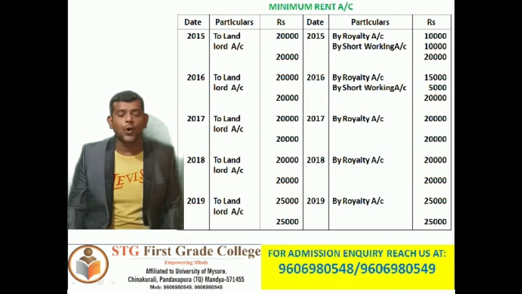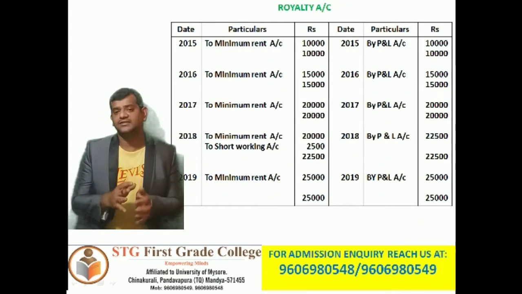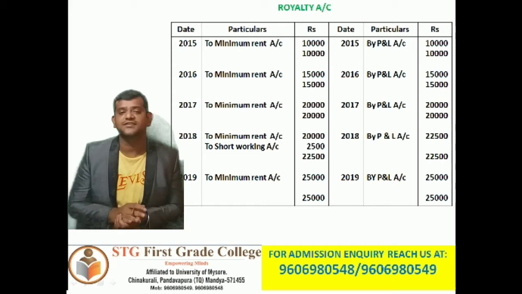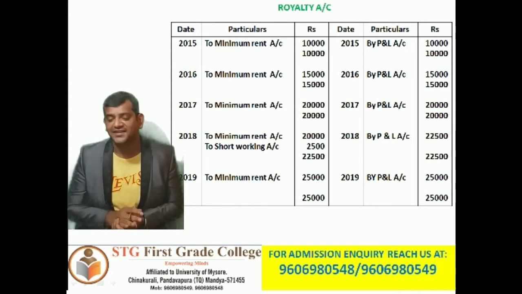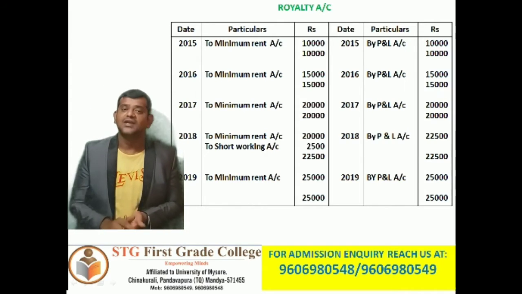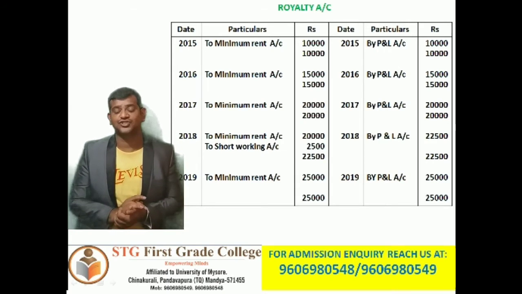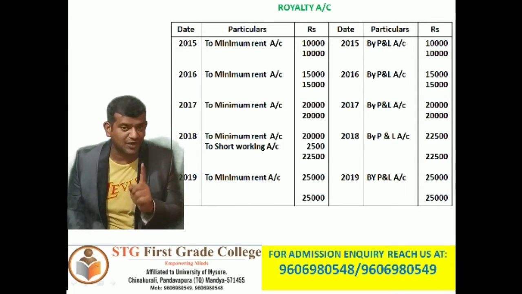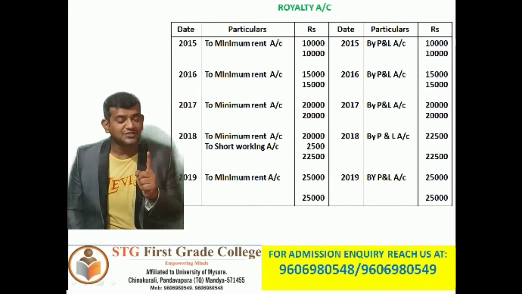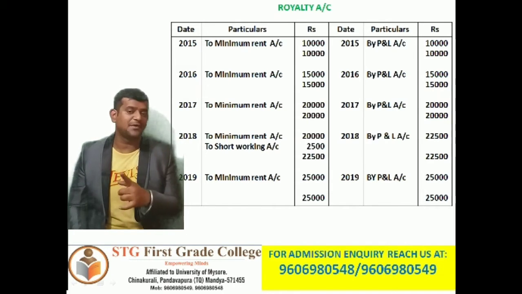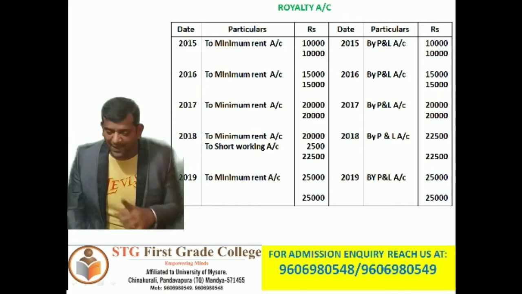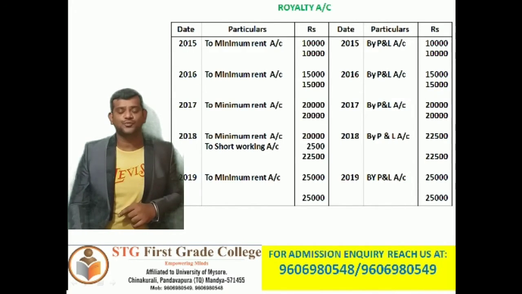So next, to open the royalty account. The royalty account again with the 6 column, that is date, particulars, rupees, date, particulars, rupees. So in the year 2015, to minimum rent account, 10,000 rupees only we could generate. So to minimum rent account 10,000, by P&L account 10,000 rupees.